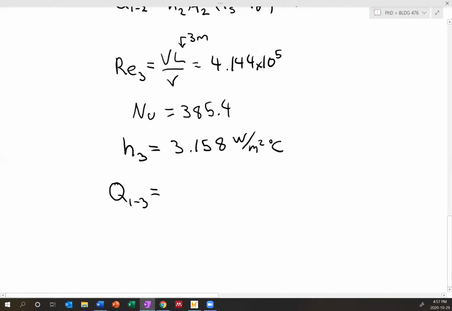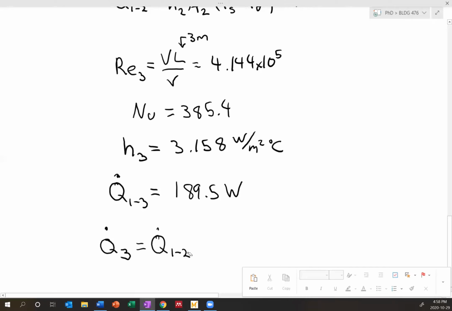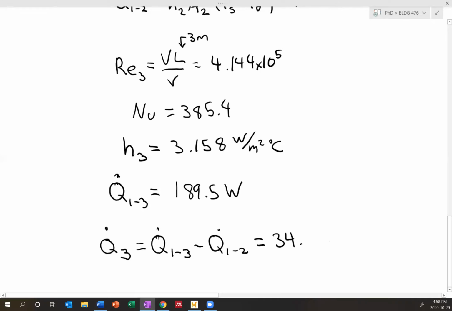On the next page, 189.5 watts. So that means our Q3, and for all of these, I should have had a dot on top, so we'll correct that in a second, is equal to our Q1 to 3 minus our Q1 to 2, which is equal to 34.8 watts.